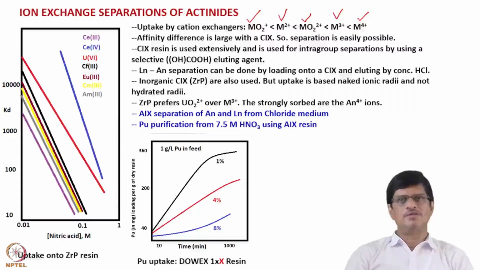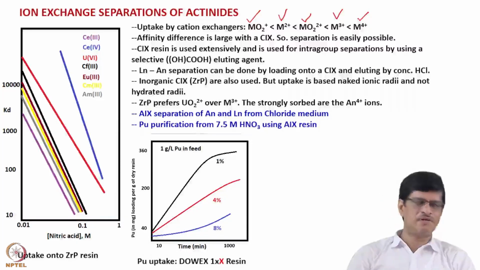But in this case, the uptake is slightly different from what happens with the organic cation exchange reagents. For organic cation exchange reagents, which are mostly the gel type reagents, the separation is done based on the hydrated radii of the metal ions. On the other hand, for inorganic ion exchange reagents like zirconium phosphate, the uptake is based on the naked ionic radii of the metal ion.